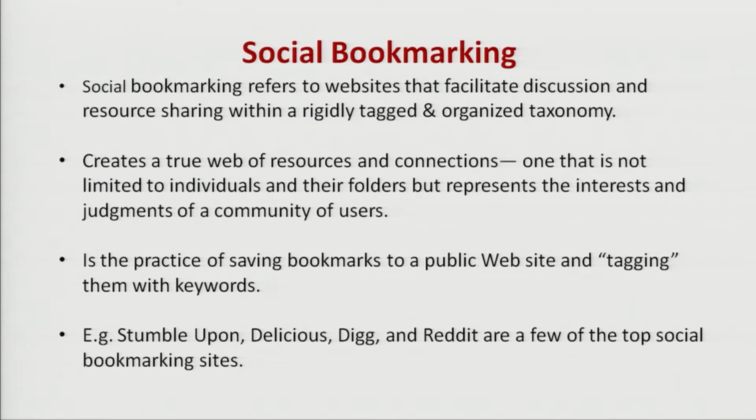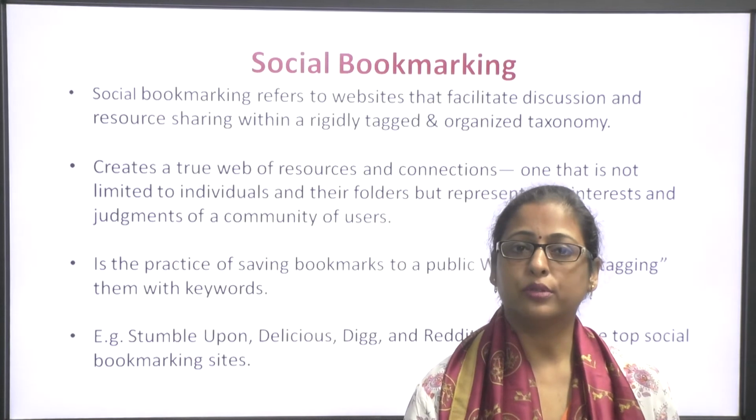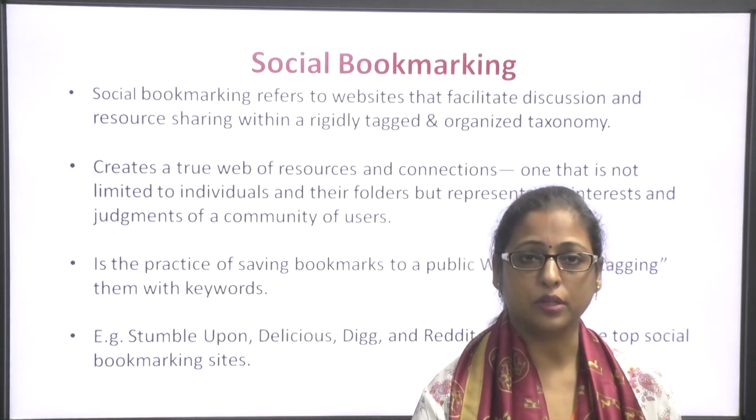Whenever any individual is searching a content or a keyword related to your content, then these bookmarking sites will help your content to be searched first, and hence it will improve the searchability of the website.